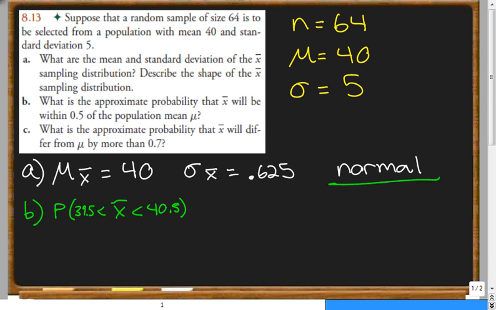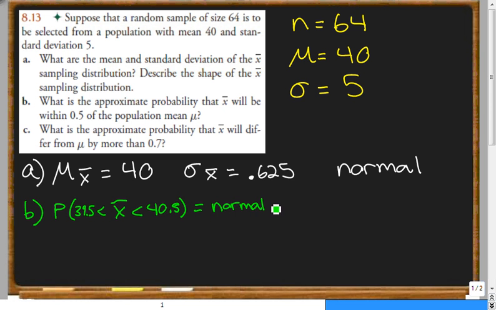Well, we know that we're using a normal distribution because of this. You can't just assume that all the time, but in this case it's safe to assume because our sample size is large enough.